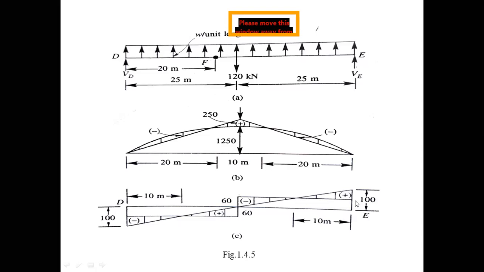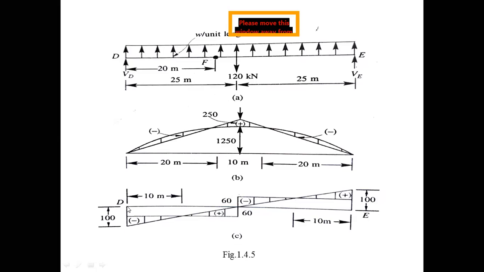So these two blocks are 60. This is the shear force due to 120 kilonewton, and now the shear force due to 4 kilonewton per meter. The 4 kilonewton per meter is acting upward. Therefore, the reaction at supports D and E is acting downward. So left downward is negative. Therefore, WL by 2 is nothing but 100. So you draw 100. That means up to this point it is 60 and the remaining is 40.